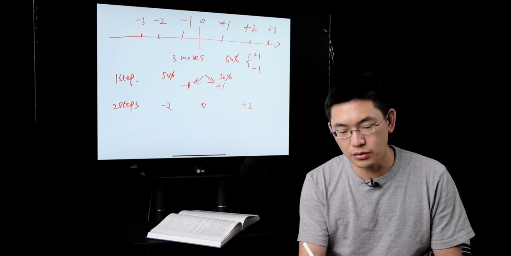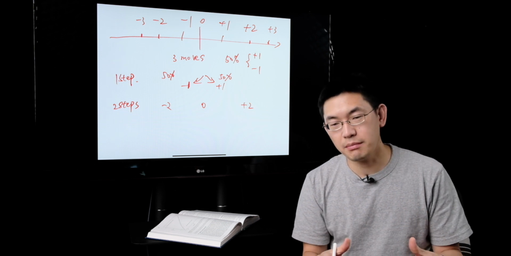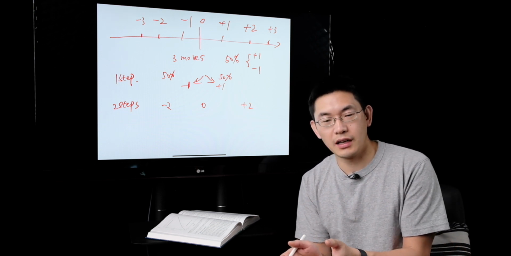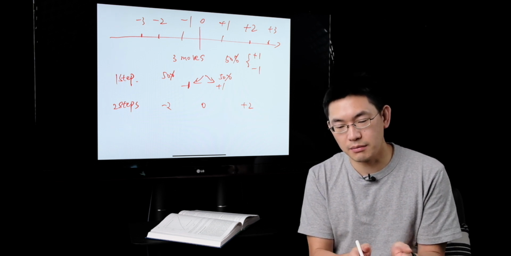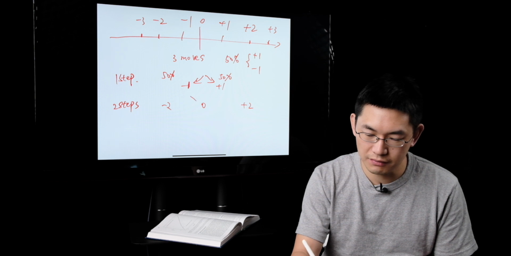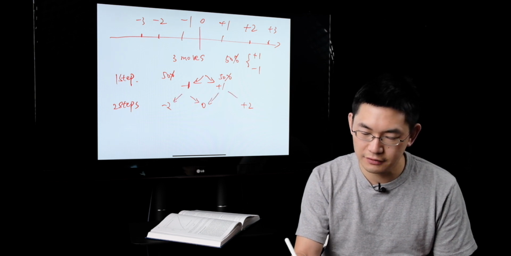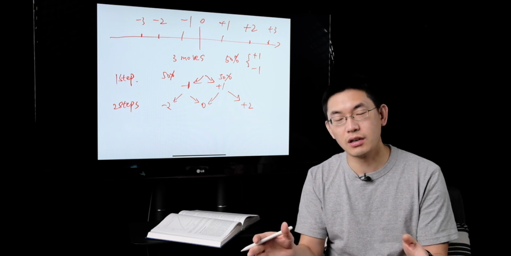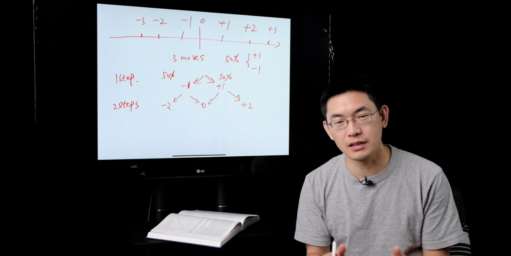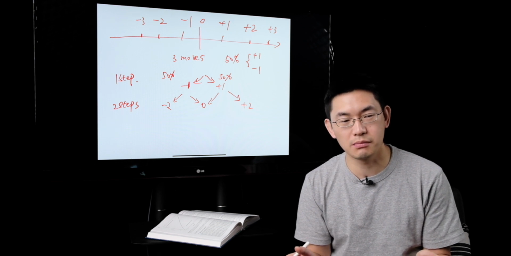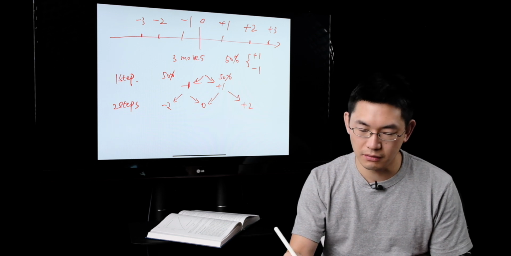Take 2 steps. You could take a positive step, then a negative step, where you would end up at position 0. Or you could take a negative step and then a positive step. So you have 2 routes to reach 0. And you have one route each to +2 or -2, because in both cases both steps need to be positive or both steps need to be negative.